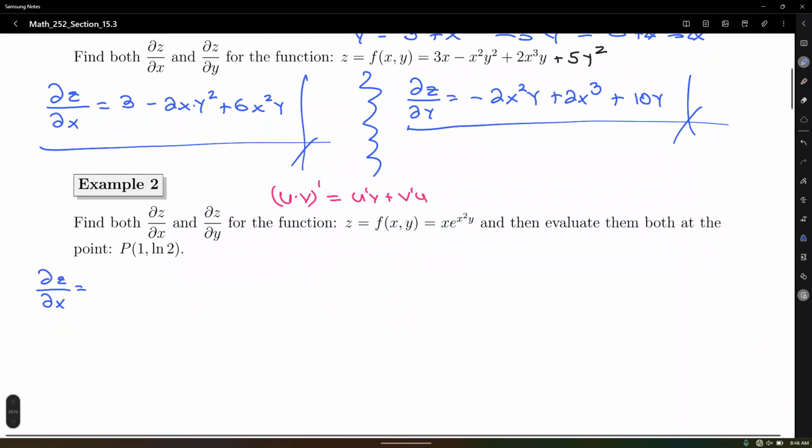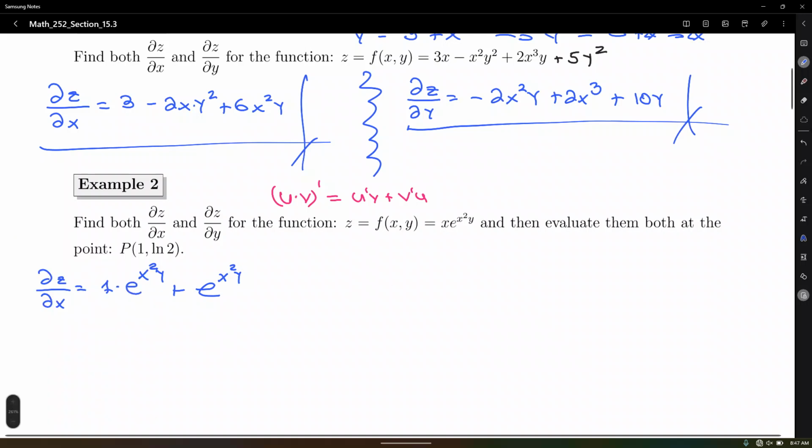The derivative of x, that is 1 times the exponential e to the x squared y, plus the derivative of the exponential, which, number 1, the derivative of an exponential is itself, e to the x squared y. And in this case, we need a mini chain rule. We need to differentiate the exponent x squared y with respect to x.